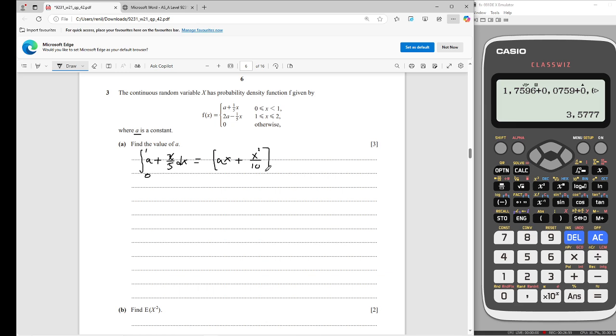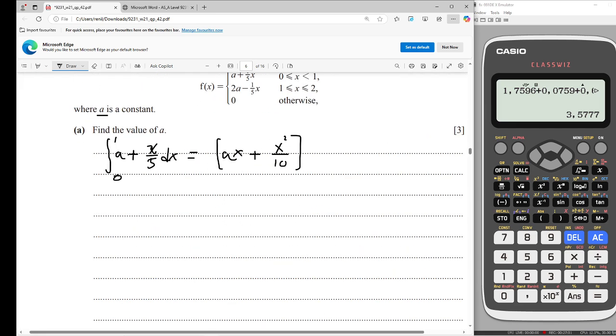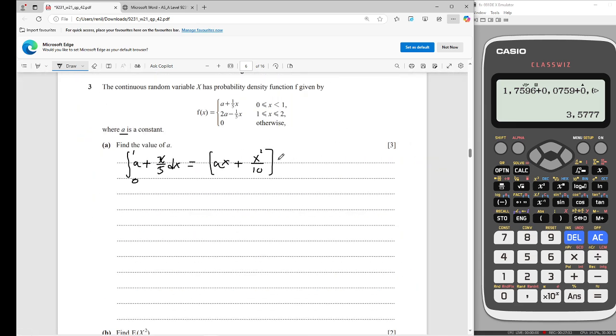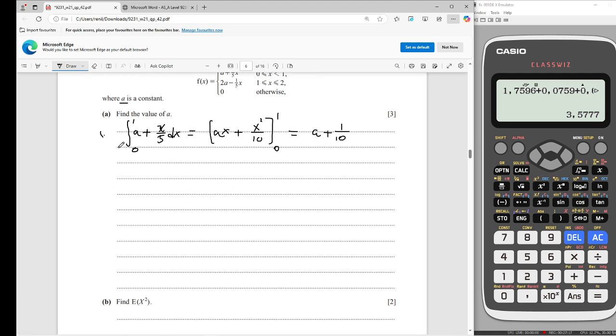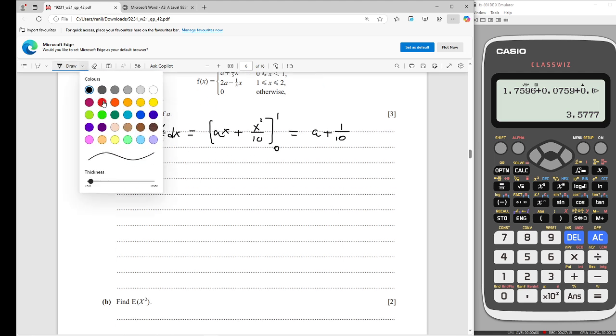I'm just going to zoom in a bit. For limits 0 to 1, when you plug in 0, it has no effect on this entire thing, so you just plug in 1, and we get a plus 1 by 10. So that's the first part.